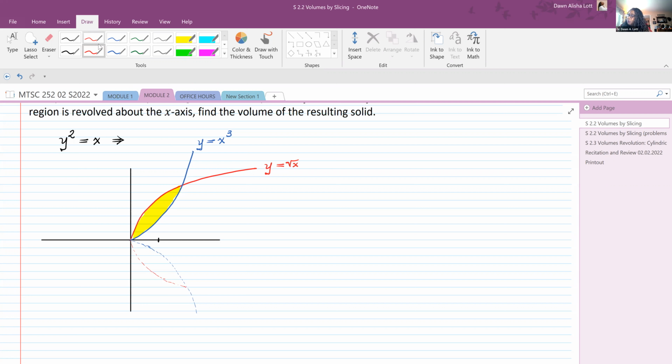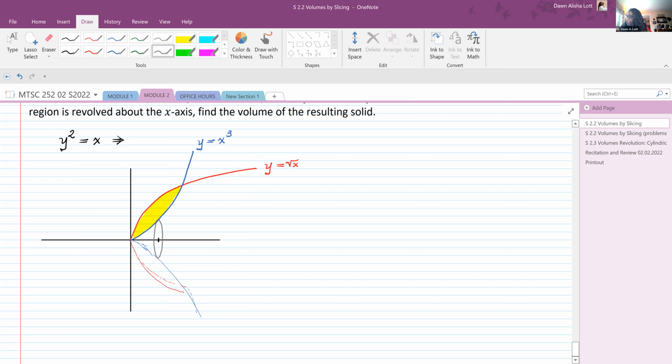So now I'm going to go up to the, actually that blue curve is a little high, which means the red curve is not low enough. There we go. That's a little better. Okay, so now I'm going to start on the curve and revolve like this.